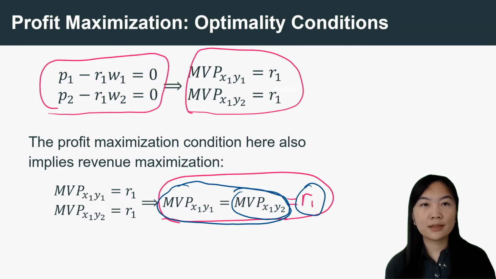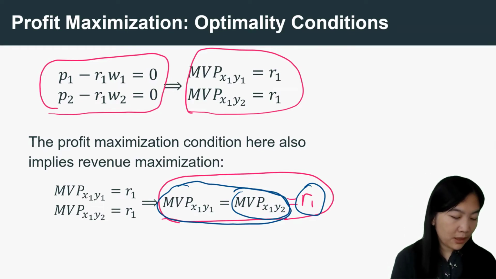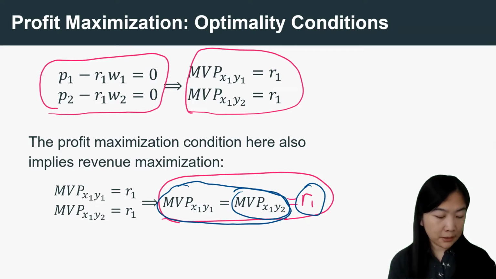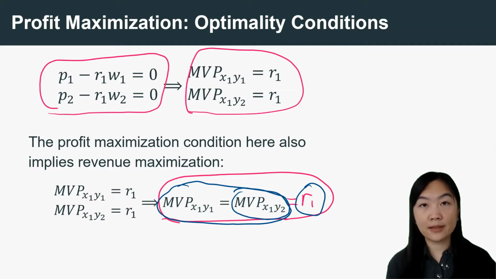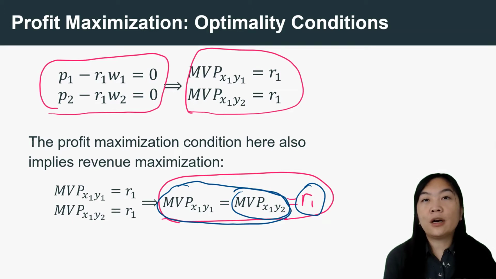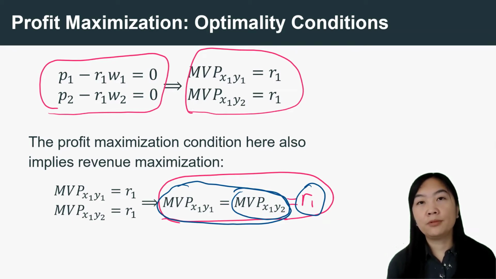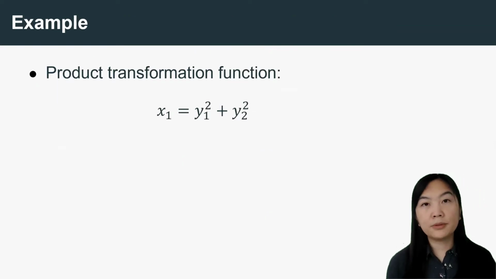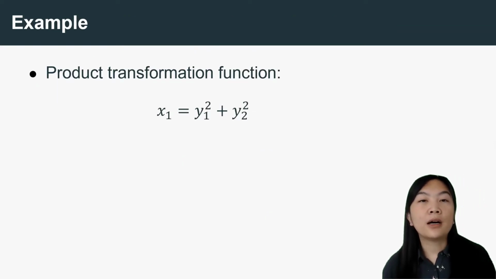Again, it's analogous to the optimal profit maximization when there are two inputs, and I went a little bit faster in this section on two outputs. If you feel it is difficult to follow, then you should go back to the multiple input case. Once you understand the cost minimization and profit maximization with two inputs, you just need to change your mind a little bit for the multiple output case.